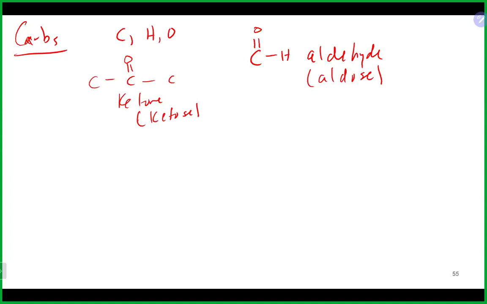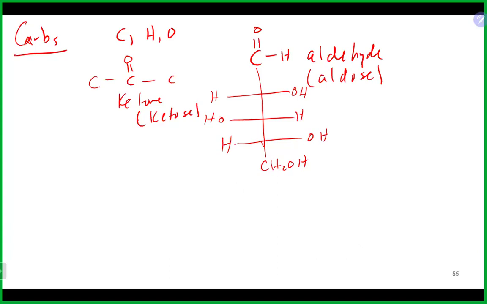And remember that we do have chiral carbons. So we can have some chiral carbons coming up here. And remember that a chiral carbon is basically a carbon that has four different groups attached to it.